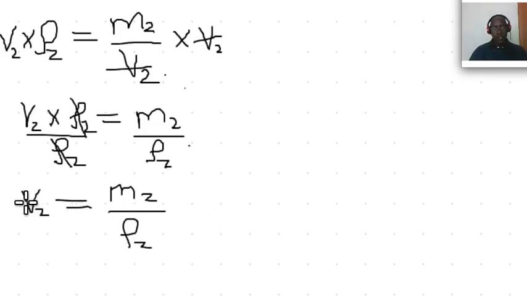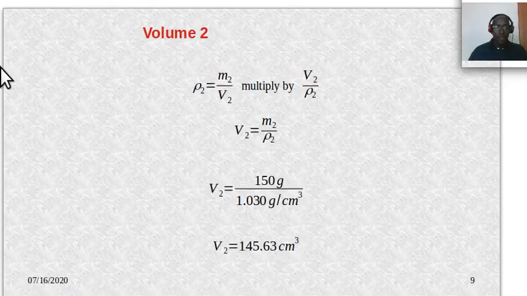So now we can see that volume is given by mass divided by the density. That is what we have done here. Whatever we have done, those two steps are the same as multiplying by V2 and dividing by rho 2.